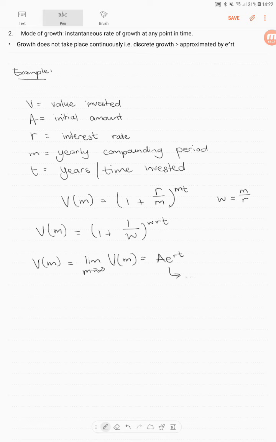This is your function if interest is compounded continuously, and this is discrete growth. Please look at the examples in the textbook.